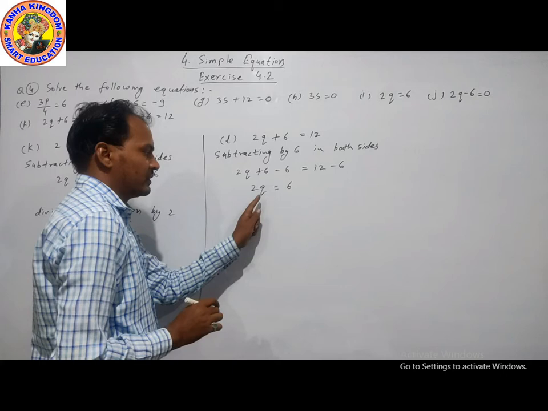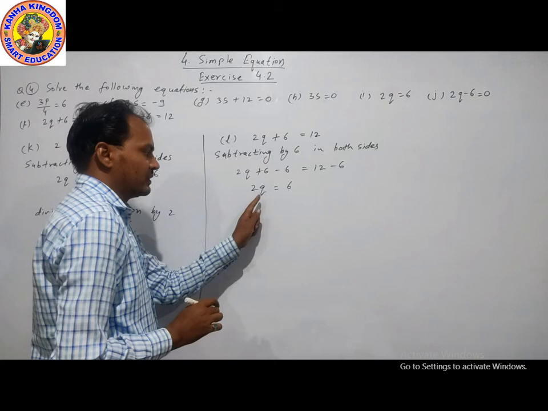Subtracting 28 on both sides. The equation is 5t plus 28 is equal to 10. This is our equation. Now minus 28 on both sides. Minus 28 and minus 28. Here plus 28 minus 28 cancel.